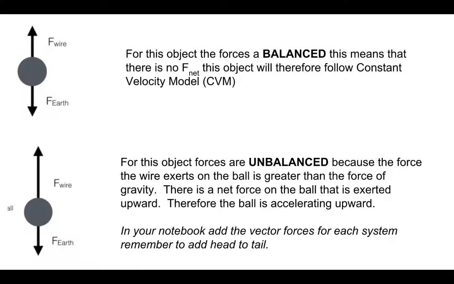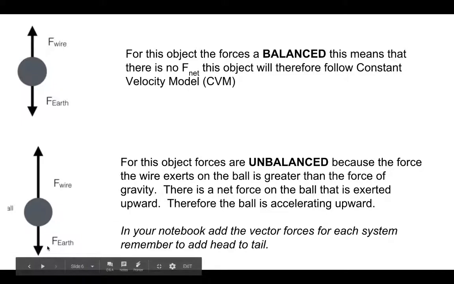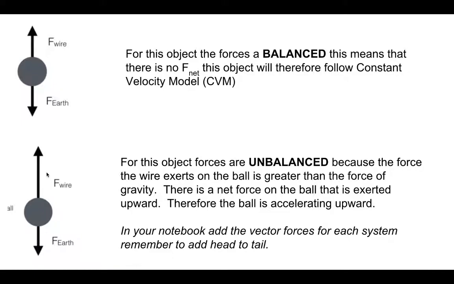Therefore, there is an F net. Because if we were to add F earth to F wire, head to tail, because F wire is greater than F earth and in the opposite direction, we're going to have some F net in this direction here. And that F net is going to indicate that there's some acceleration.